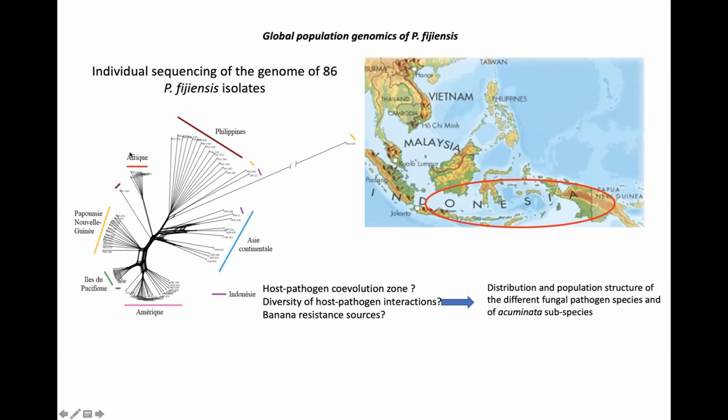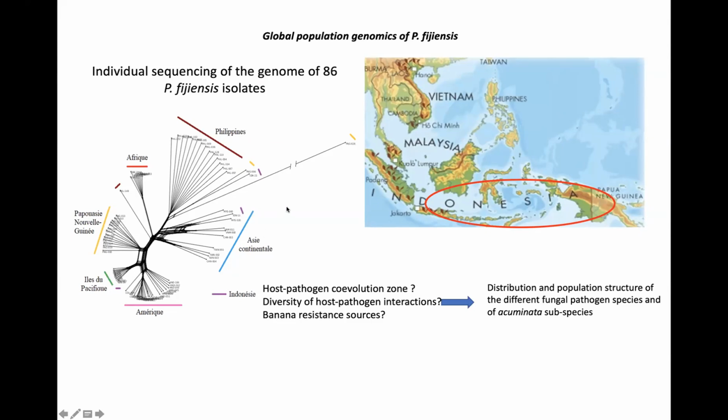As you can see, the isolates from Africa, from Latin America, or from the Pacific are grouped together, and the diversity is lower in comparison with isolates coming from Asia, from the Philippines, from the continent of Asia, from Papua New Guinea, and from Indonesia, in this color.